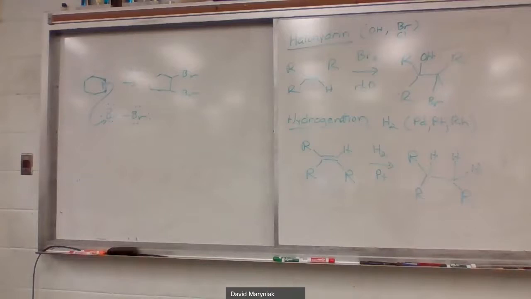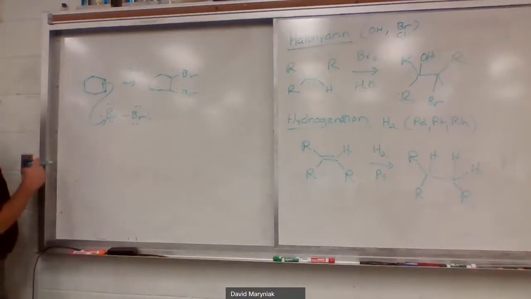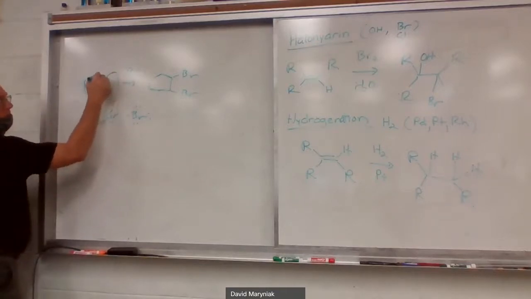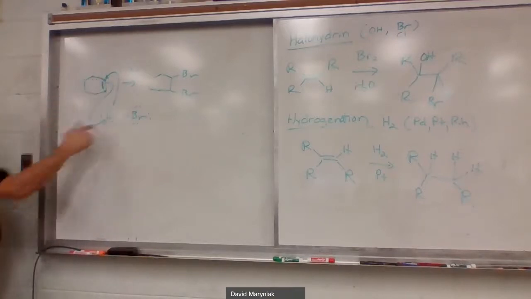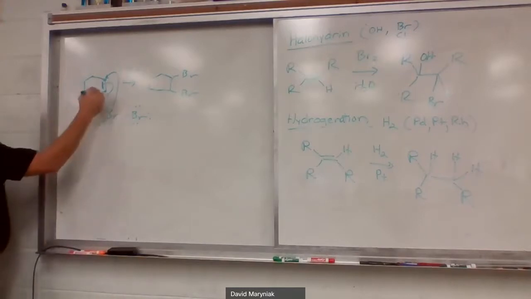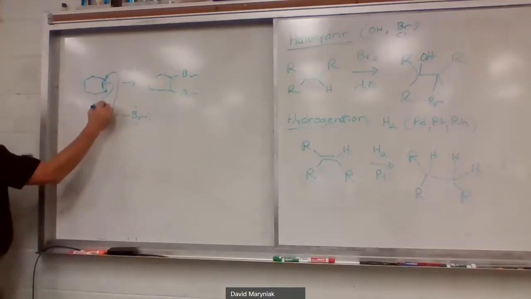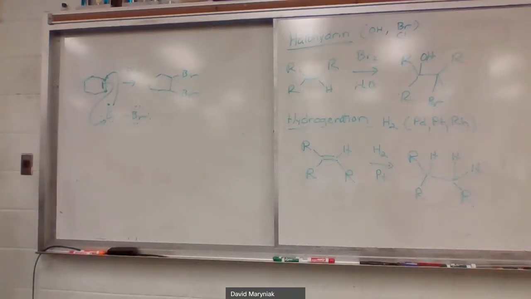It would have to become positive. If we don't stop there and say this is going to attach like that, now that's connecting which carbon to the bromine? This one, because this pair is connecting that carbon to the bromine. Now, in the end, will both carbons be connected to the bromine?